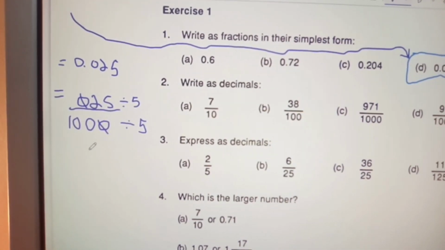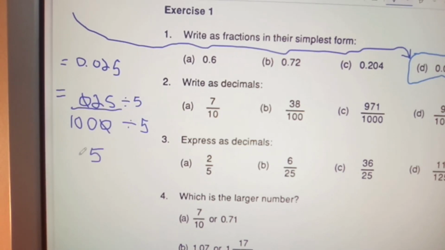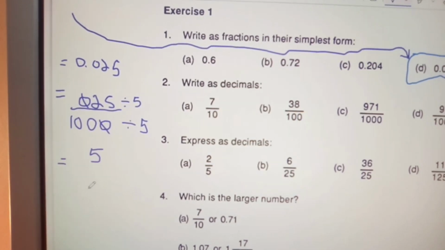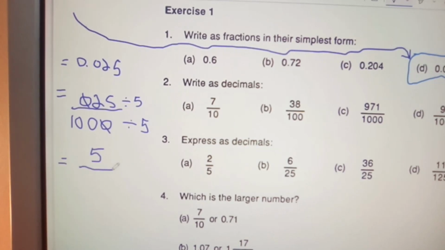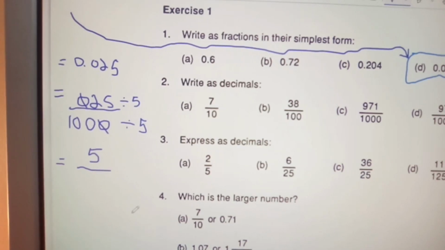So let's bring our 5 down. And let's put an equal sign in because we're dealing with the above question, which is over 100 divided by 5.